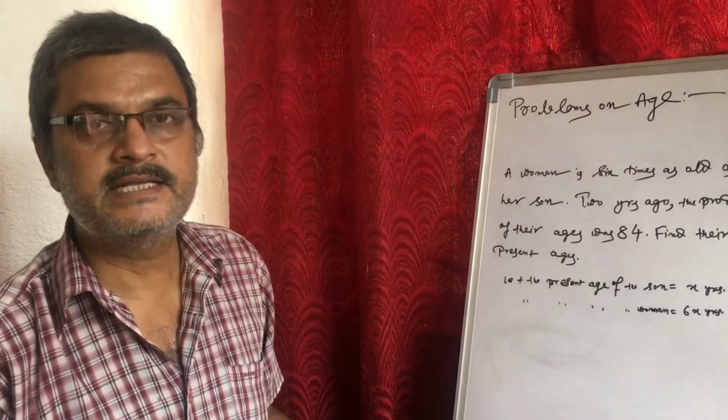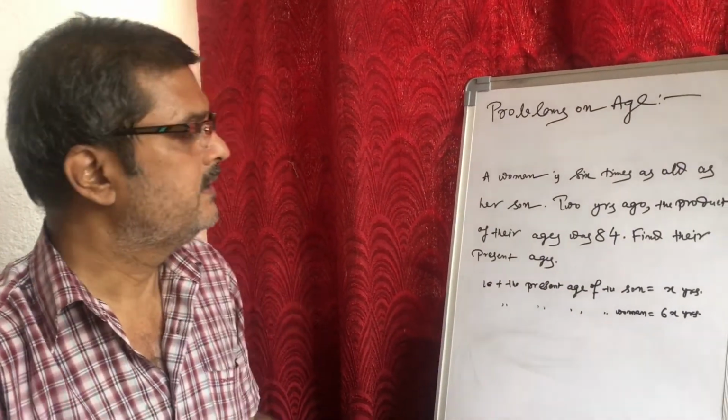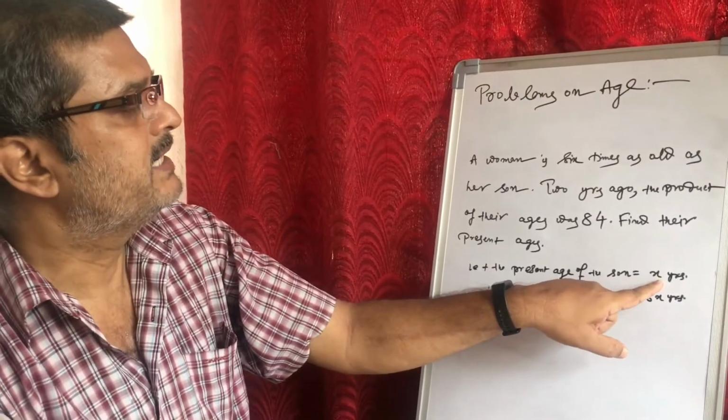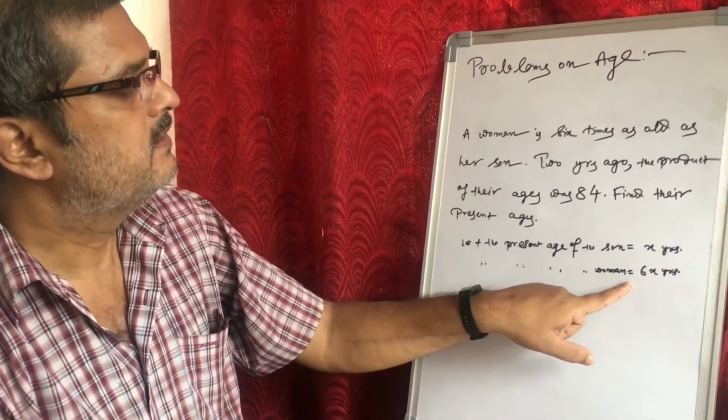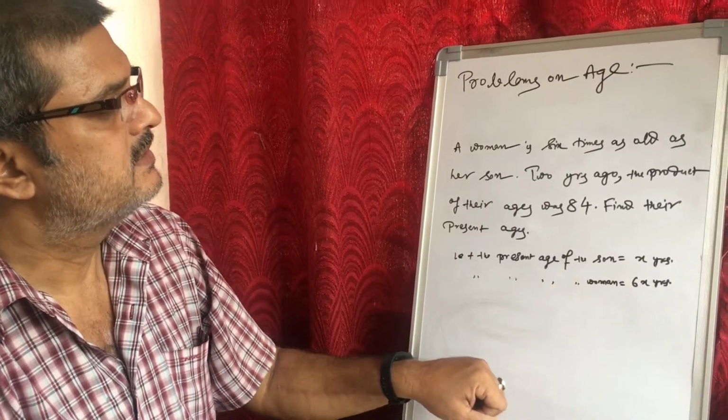Let the present age of the son be x years. Then the present age of the woman will be 6x years.